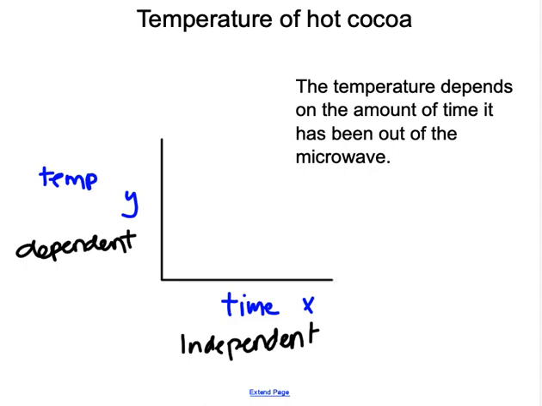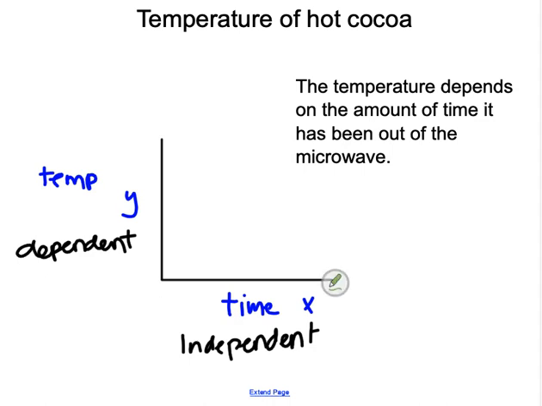And remember, time is considered the independent variable because time happens no matter what. Now, temperature of hot cocoa depends on the amount of time it's been out of the microwave. So the temperature depends on the time. So that's why the temperature is the dependent variable.